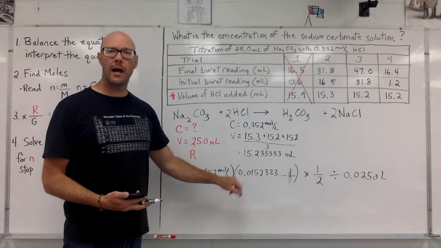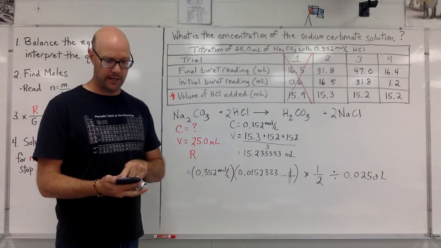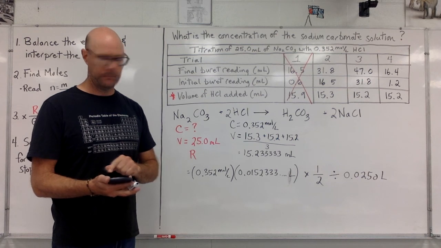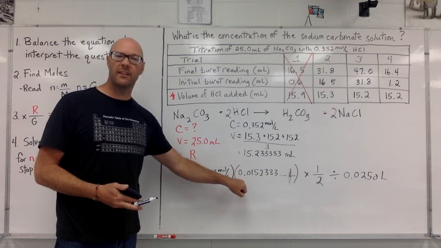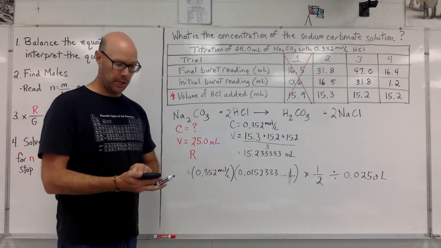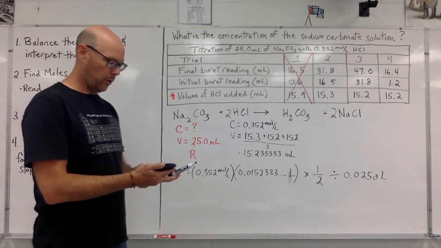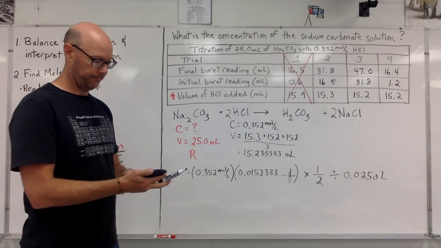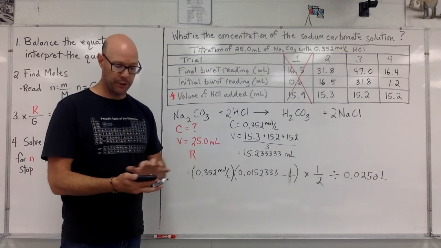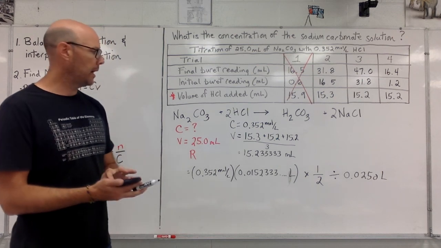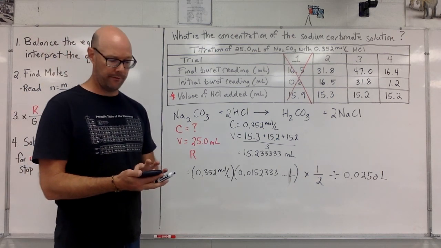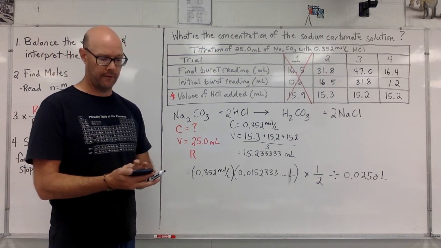I still have this number on my calculator screen with the unrounded version. What I'm going to do right now is divide it by 1,000. I took my average, divided by 1,000. So now I have this unrounded value on my calculator, which I can multiply by 0.352. Now I can multiply by R over G and divide by 0.025.